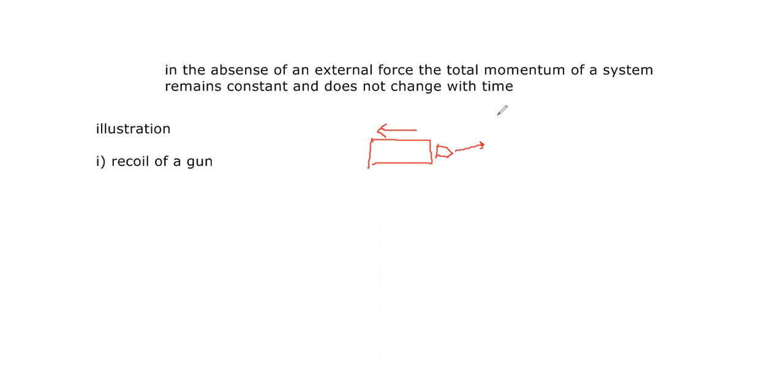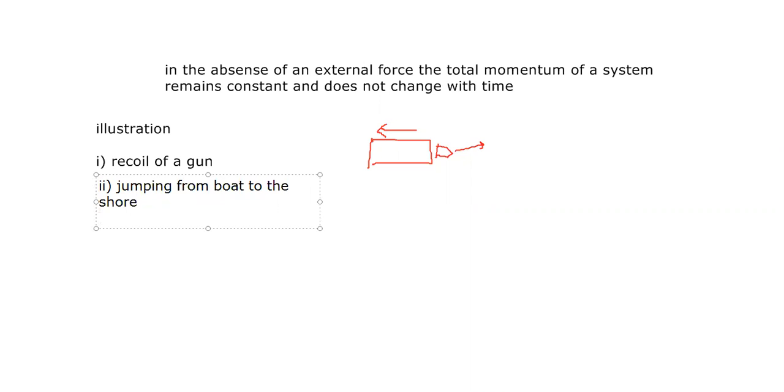Okay. Earth and the ball, jumping from a boat to the shore, flight of a rocket, explosion of a bomb, all are examples of conservation of momentum. Okay, so write the examples: recoil of a gun. Second one, jumping from boat to the shore. If you jump from the boat, then you see the boat will move in the backward direction.